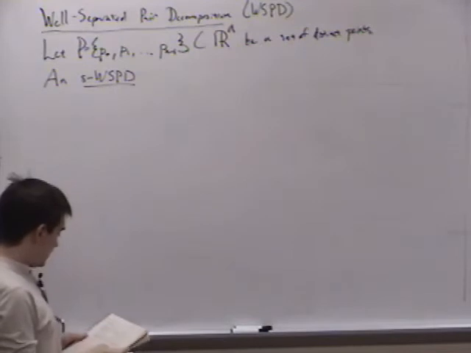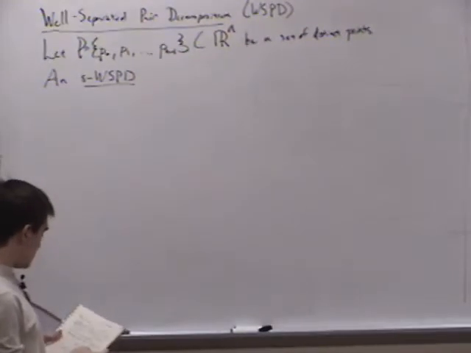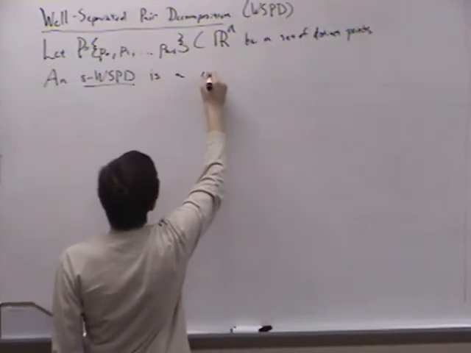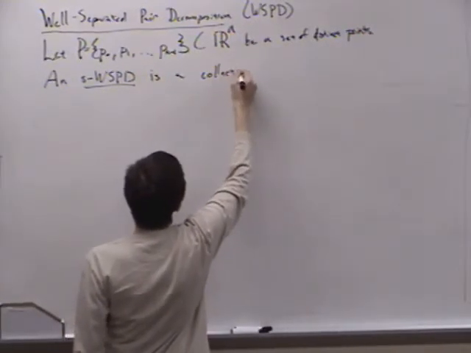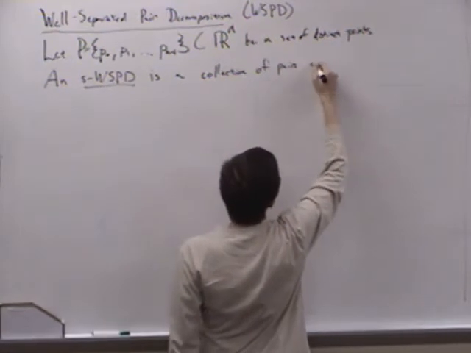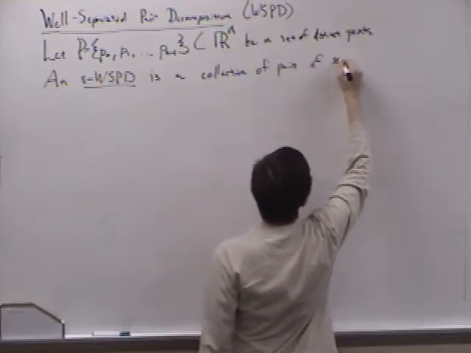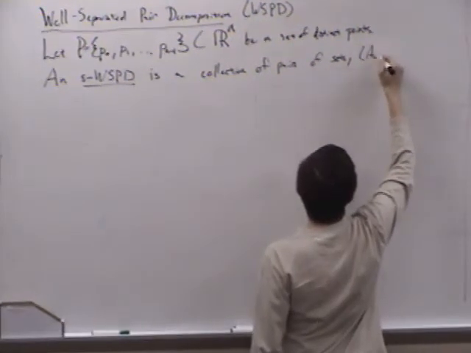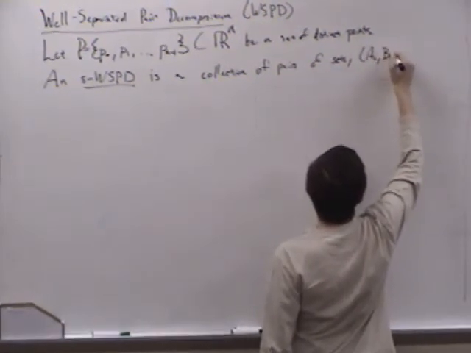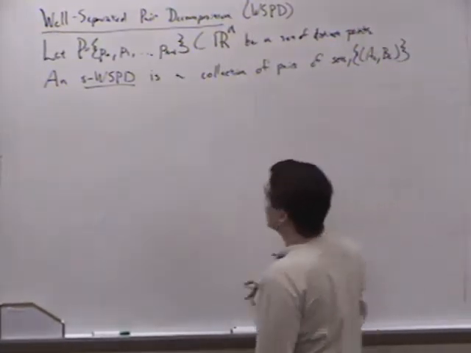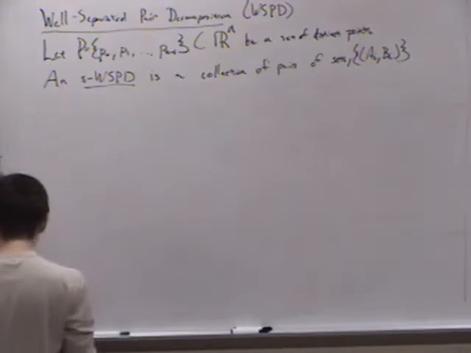is basically a collection of pairs of subsets, right? So this is a collection of pairs of sets. We'll write these as A_i, B_i, which have the following properties.